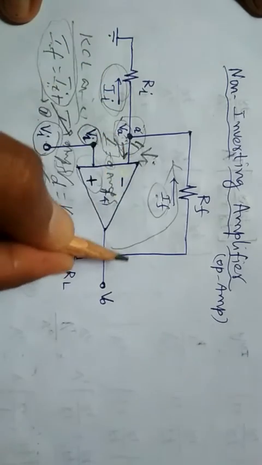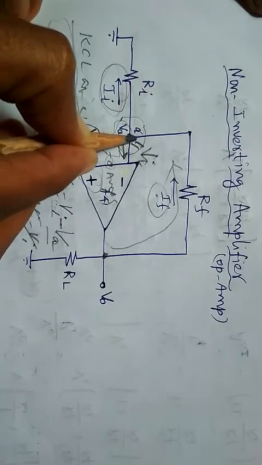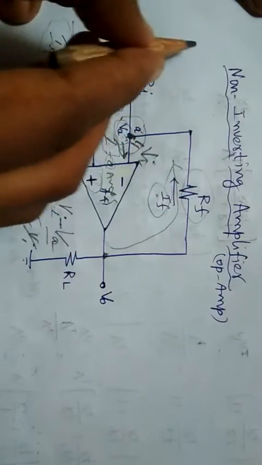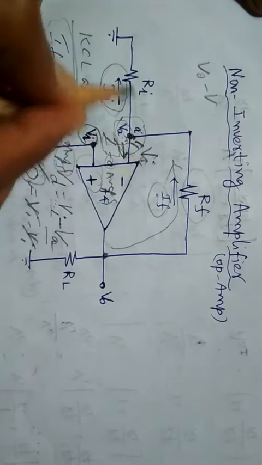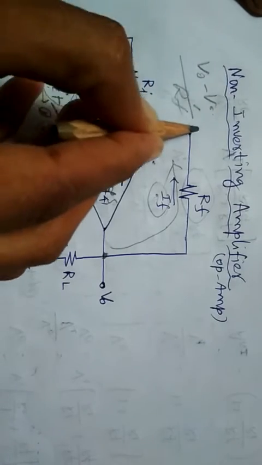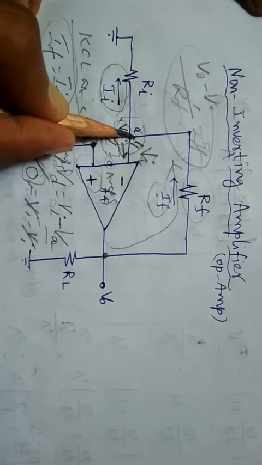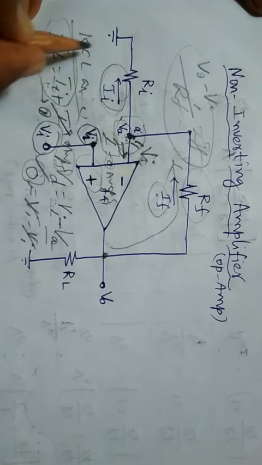To find IF: source node potential minus destination node potential, divided by the component. Vout minus the destination node potential Vi, divided by the component RF, gives IF. Similarly for II, the source node is A because the current is going from node A to ground.